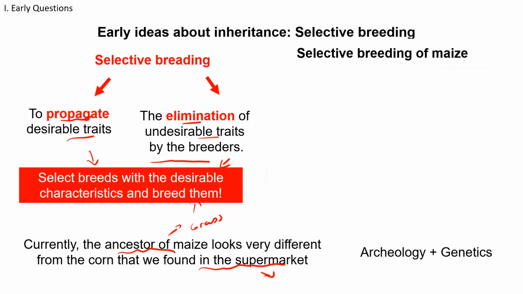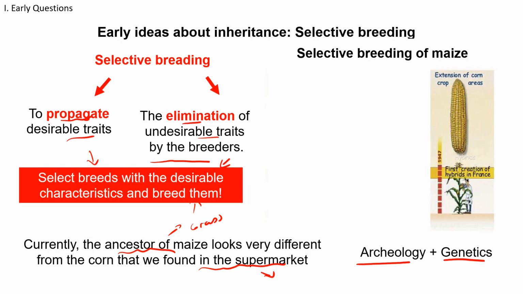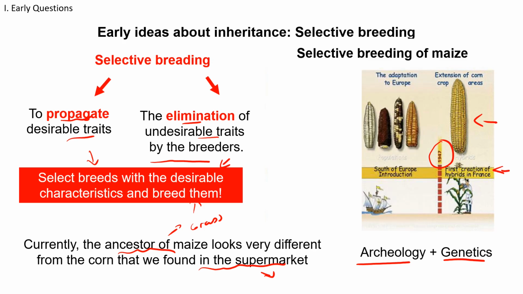So we have both archaeological and genetic evidence, and they are consistent, that show that the ancestor was very, very different. The one that we have in the supermarket appeared in 1947, and it was created as a hybrid in France. But before that, in Europe, there was a lot of variety.